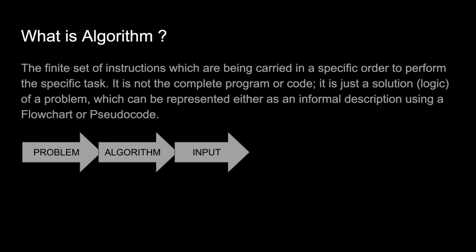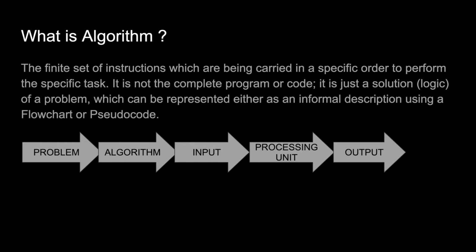After putting that input value, it goes into the processing unit. In this processing unit, the input values are processed and given back as an output value, or the final output of the algorithm, which is the solution of that problem.